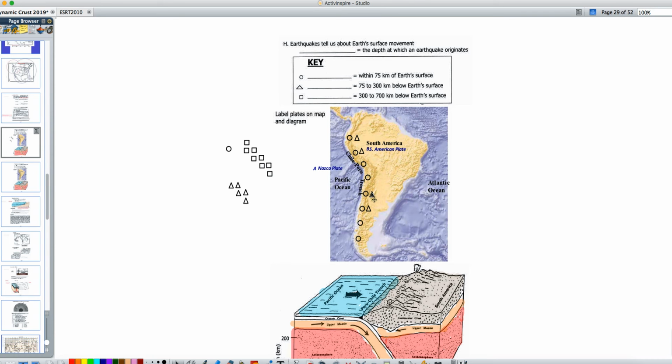So please draw your triangles all the way down. And guess where the deepest earthquakes are found? The deepest earthquakes are found even farther from the trench, like this. All right. So if you do this correctly, you should have something that looks like this. So make yours look good.